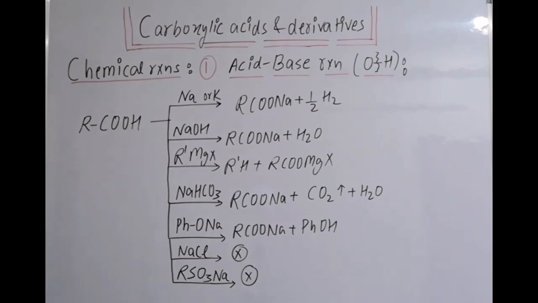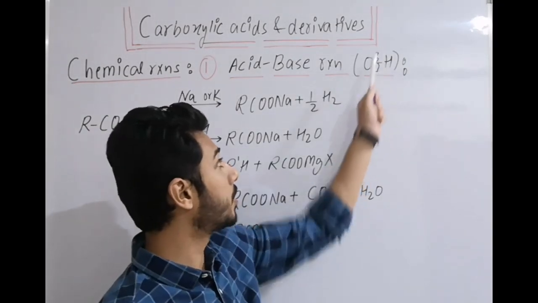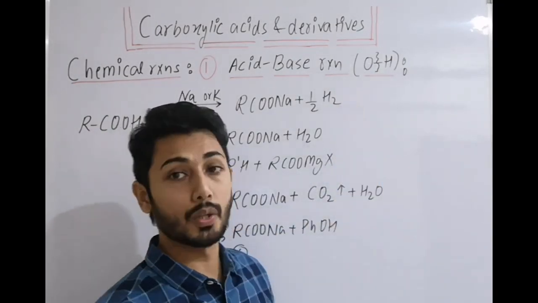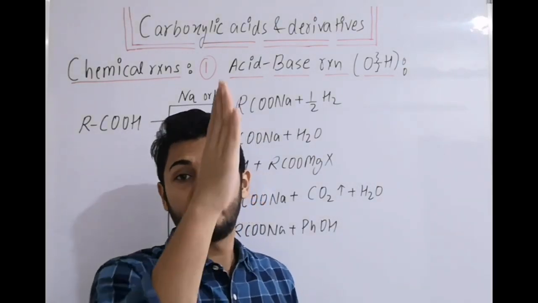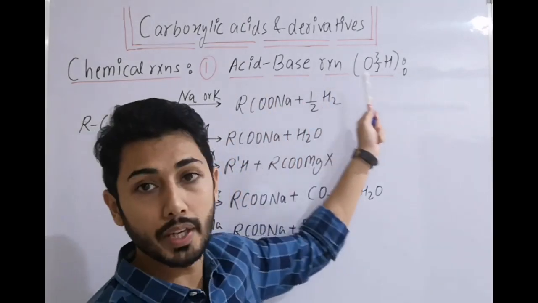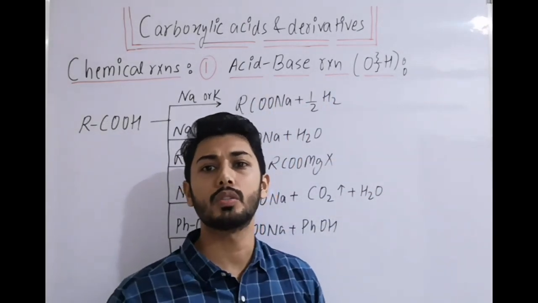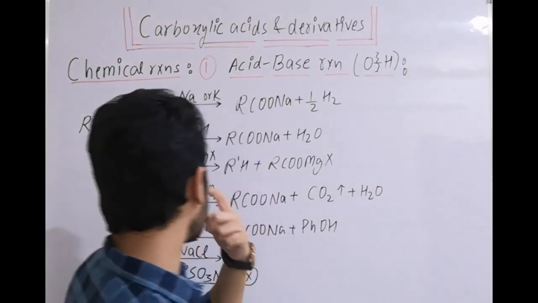Now, chemical reactions of carboxylic acids. The first reaction involves bond cleavage between oxygen and hydrogen. When the O-H bond of the carboxylic acid is cleaved, which reaction is it? Acid-base reactions. Although you have already done this type of reaction in acidic strength, here we are using that concept.